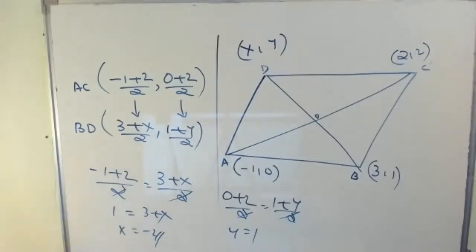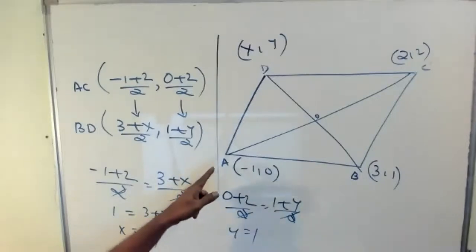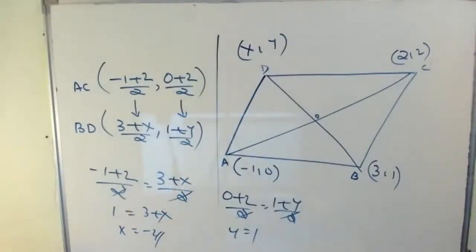Okay, Megan, listen here. We know that in a parallelogram, diagonals bisect each other at the same point. Right? You know that. So you write the coordinates of the midpoint of AC. What is the midpoint formula?